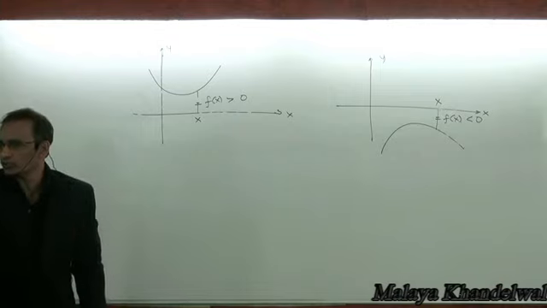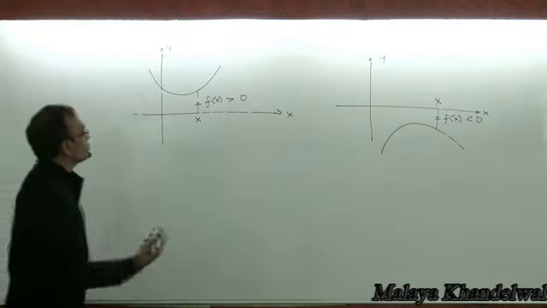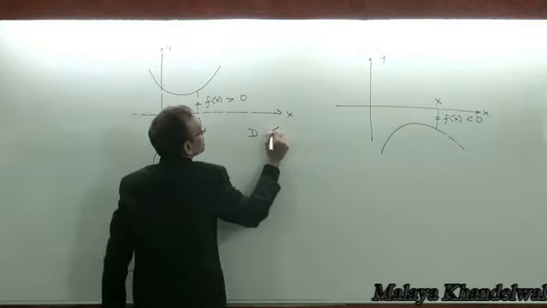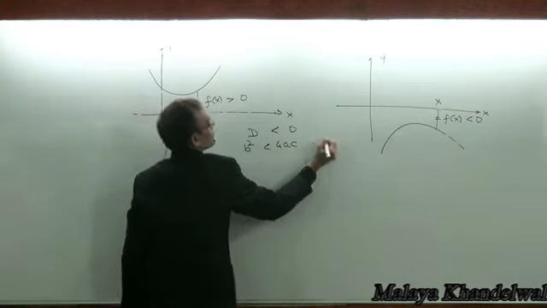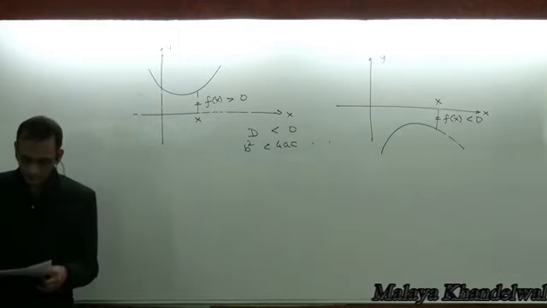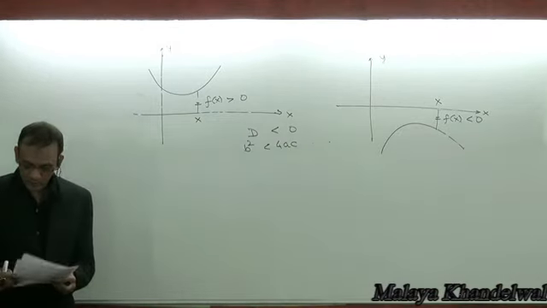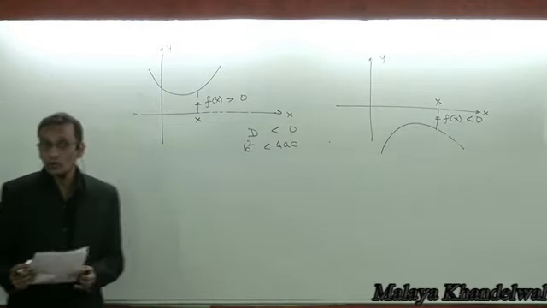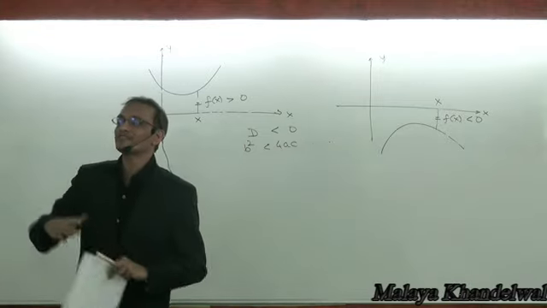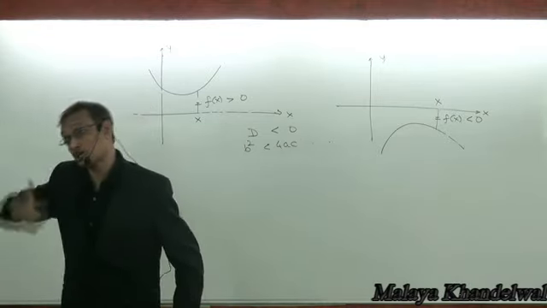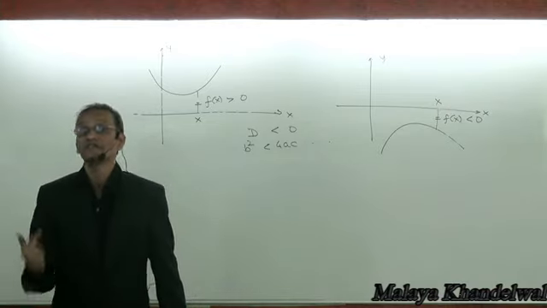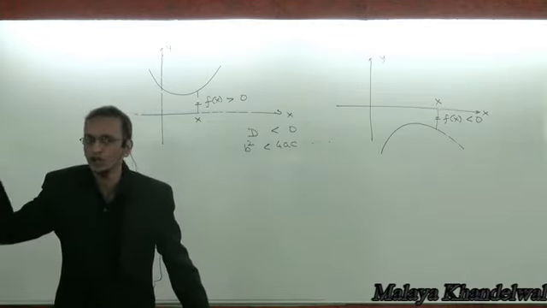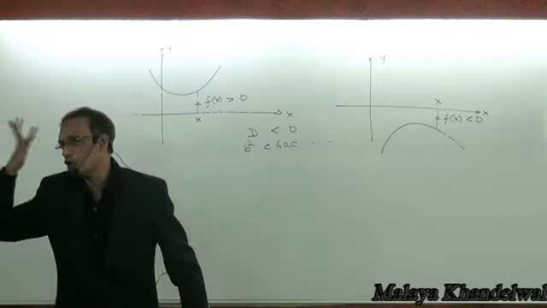No real roots in both cases, right? So in both cases we have discriminant less than 0, b² less than 4ac. So the graph of a quadratic will be strictly above or strictly below the x-axis if its discriminant is less than 0. In which case, it will either be positive for all real x or negative for all real x, right?